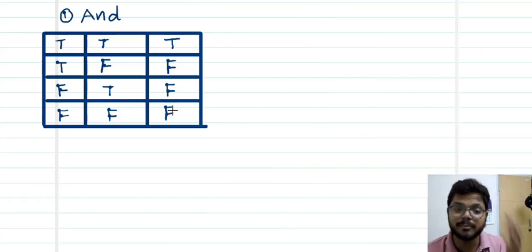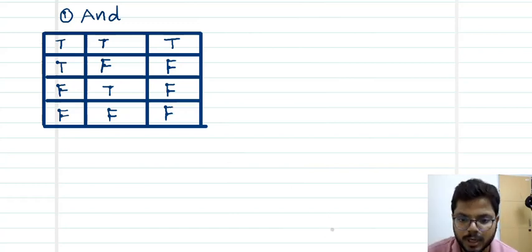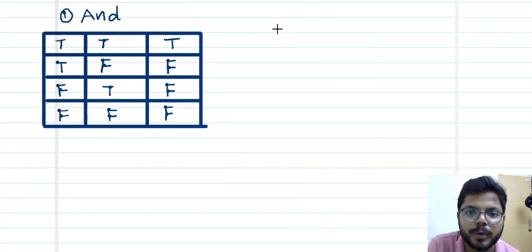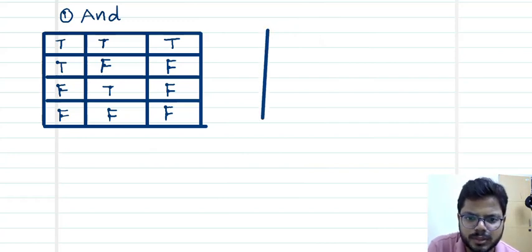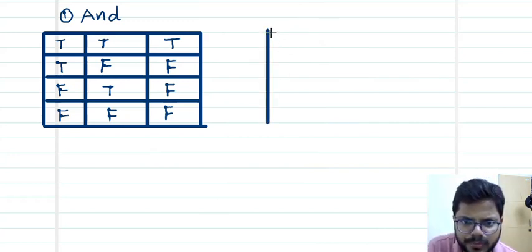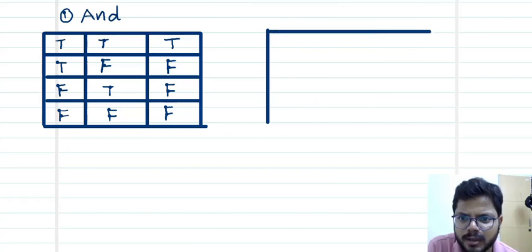Okay. The exact opposite action will be done by the OR operation. Now we will see the OR operation here. Suppose we draw the same diagram.